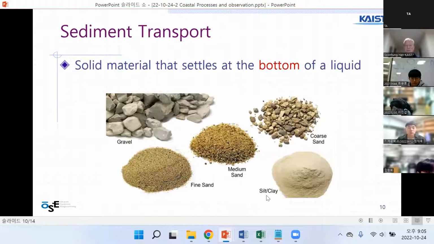solid material such as small sand, fine sand, or big gravel can be transported depending on their size and weight, and also water speed, and settle down into the bottom of the liquid.